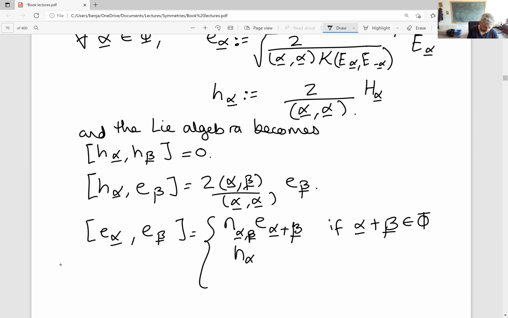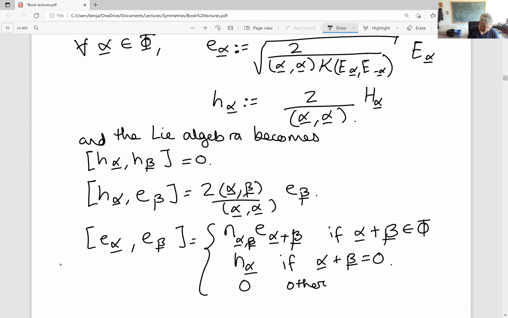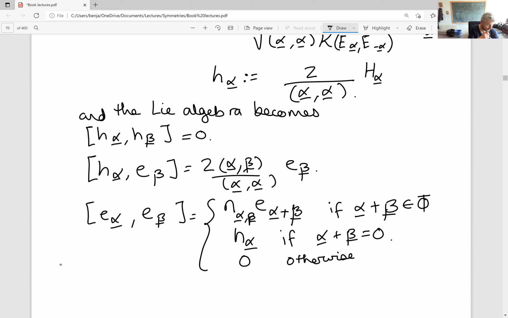You can check that the normalization is such that we get h alpha if alpha plus beta is 0, and you get 0 otherwise. So if one root is not minus the other one and the sum is not in the root set, we get 0.